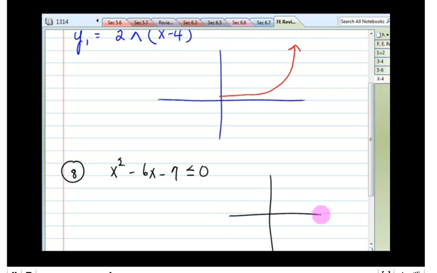So we have a grid, and we put it in, and you should get something like this. And remember that where it crosses the x, sometimes you might have an open circle, sometimes you'll have a closed. What do we have in this case? Closed. Right here says closed circle. Okay, so we put a closed circle there and a closed circle there.